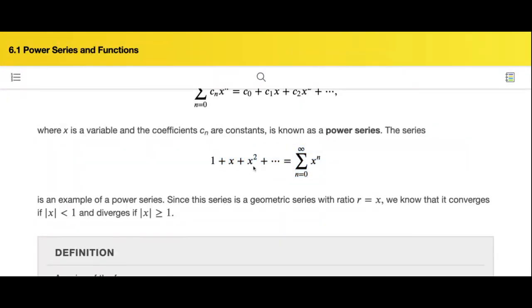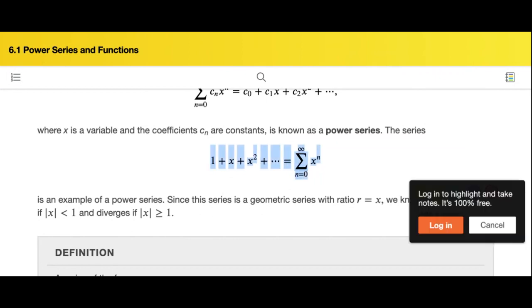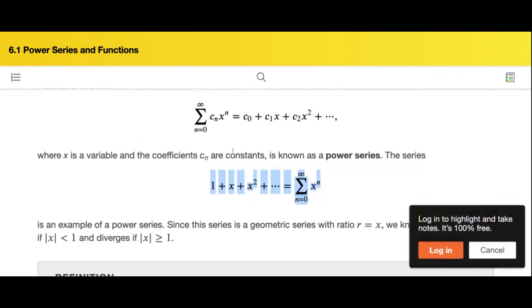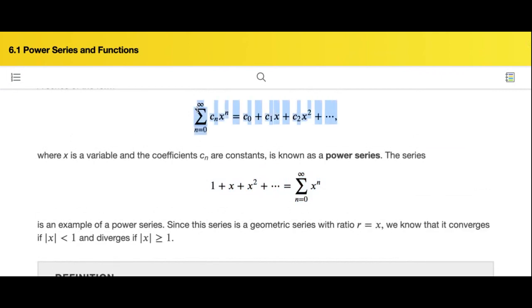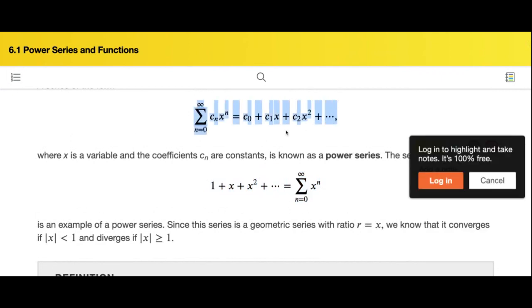Well, if the absolute value of x is less than 1, we know it converges, right, because it's a geometric series. And if the absolute value of x is greater than or equal to 1, the series diverges. Okay. So this is new today. Right? This is just an example. So the standard form of a power series looks like this. Any of the c terms can be 0.